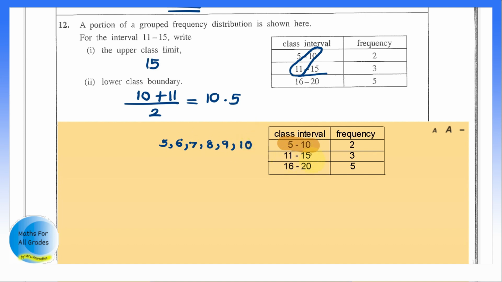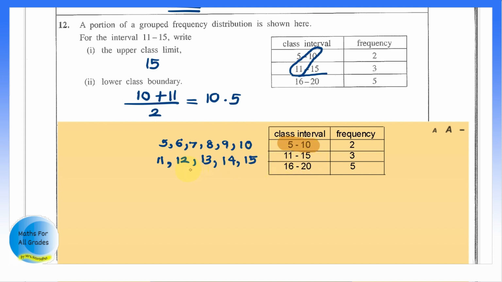And what about the next interval, 11 to 15? Say it again with me. This class interval represents numbers greater than or equal to 11 and less than or equal to 15. So the numbers from 11 to 15: 11, 12, 13, 14, 15. These numbers are included in the 11 to 15 class interval.